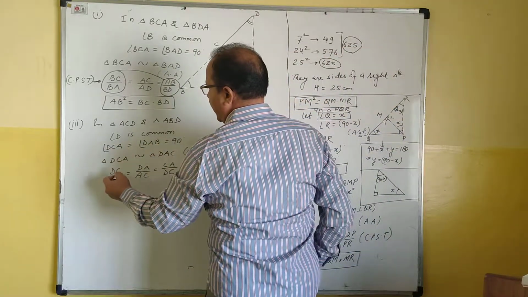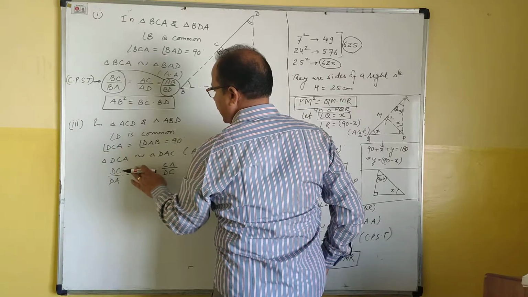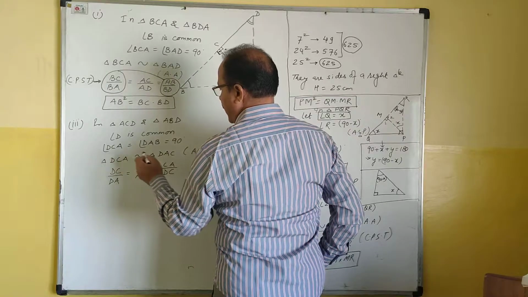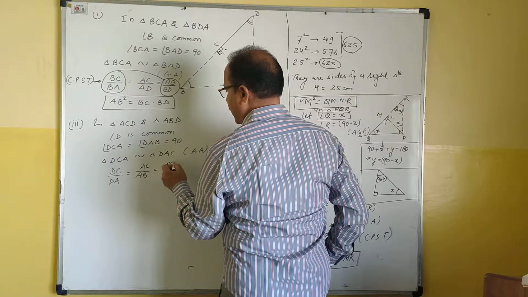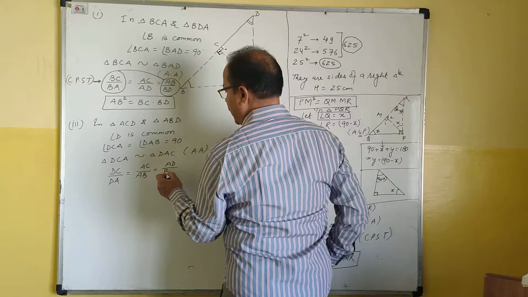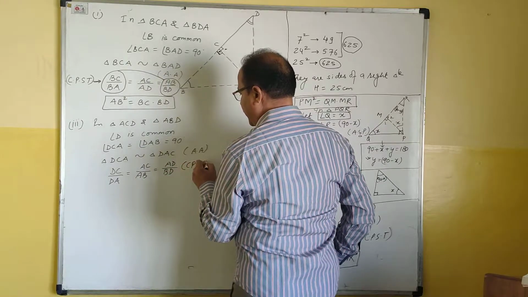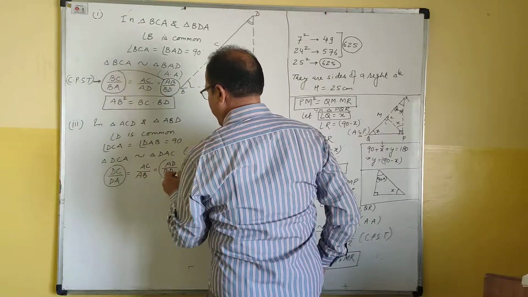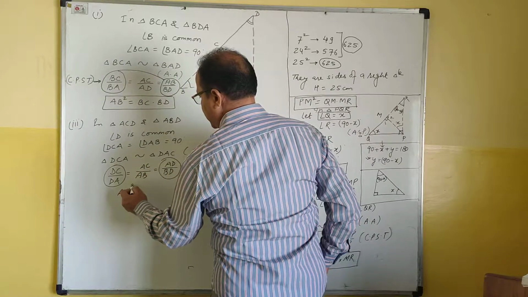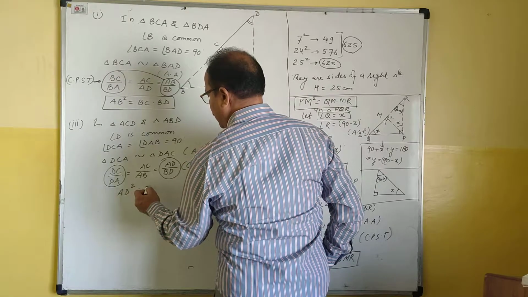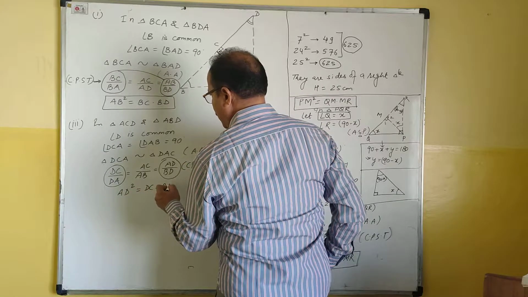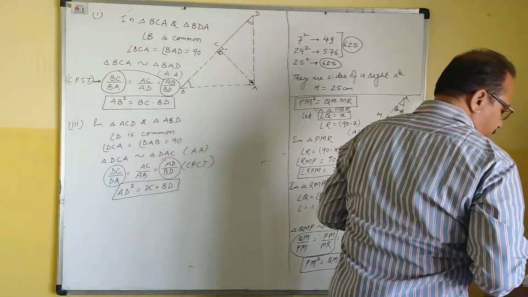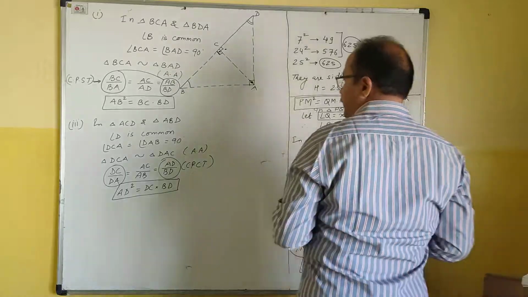So DC upon DA, AC upon AB, and AD upon BD by CPCT. So from these two you will be getting AD square is equals to DC into BD.